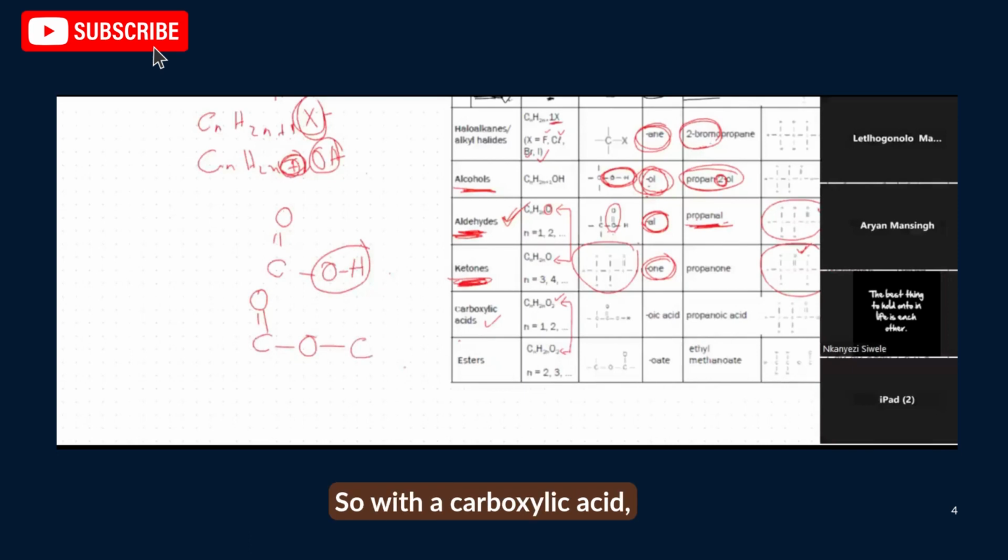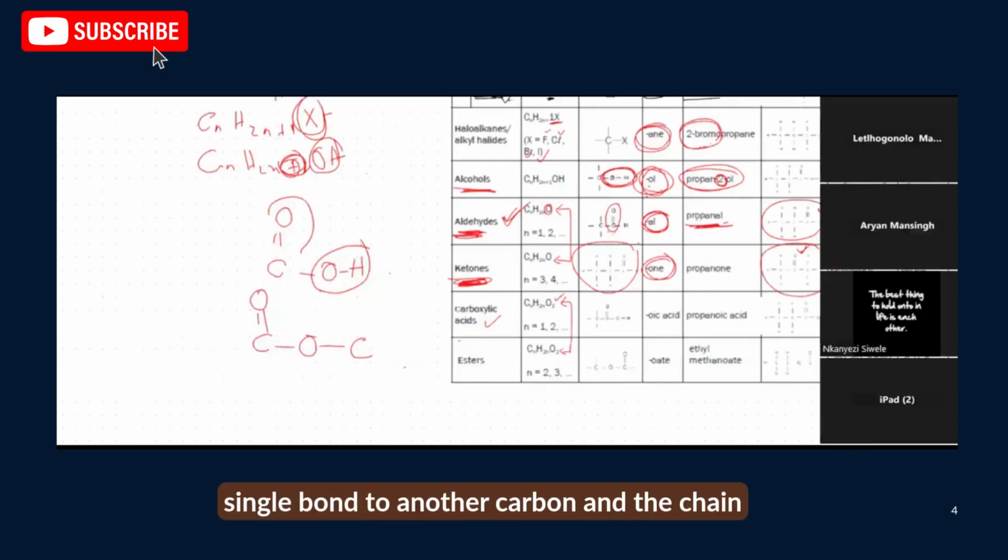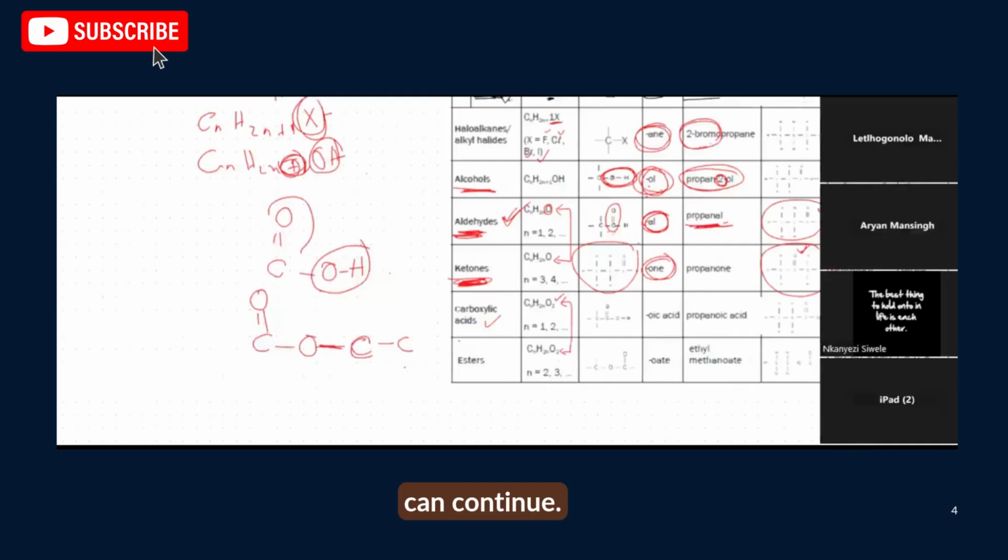So with the carboxylic acid, that oxygen is connected to a hydrogen, and it's going to be at the end of our molecule. This is our functional group, whereas for the esters, it's going to have a single bond to another carbon, and the chain can continue.